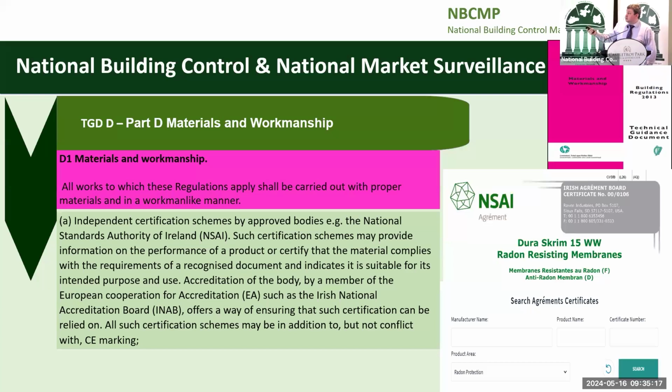So the Agreement Cert. There is a search facility for the Agreement Certs on the NSAI website. You can put in the manufacturer's name, the product name, or the product area, and just because today is radon protection, we just selected radon.